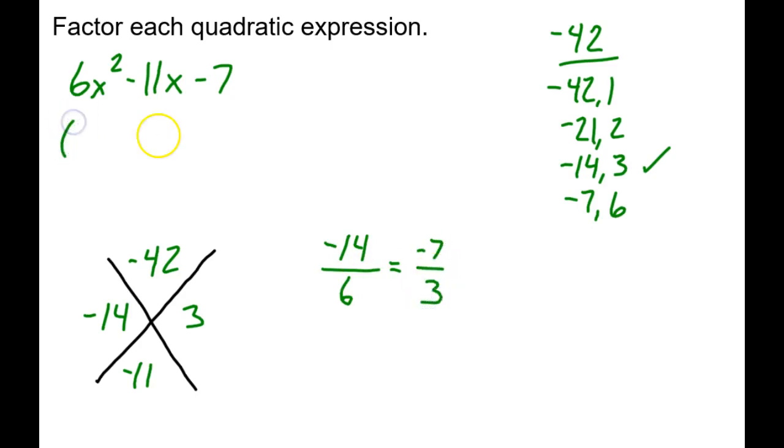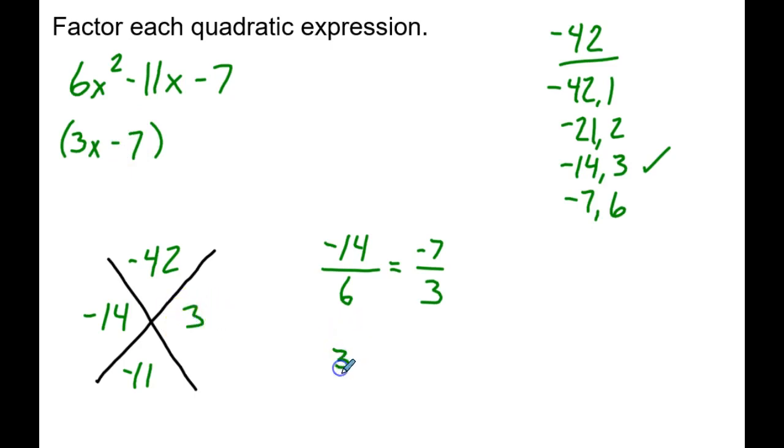So when we're trying to put this in factored form, for my first set of parentheses, the number in the denominator is going to be the coefficient in front of x. So I have a 3x, and the top number is the constant, minus 7. Now we want to do the same thing for our value of 3.